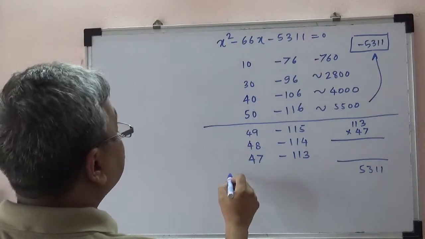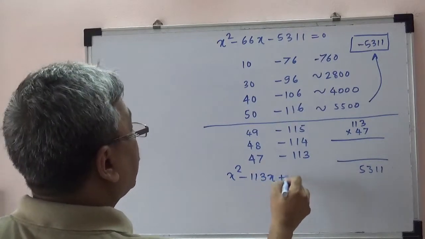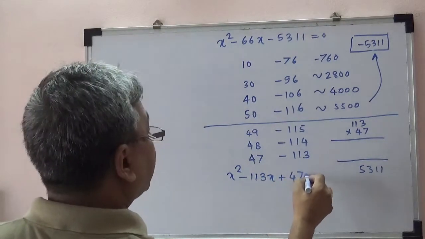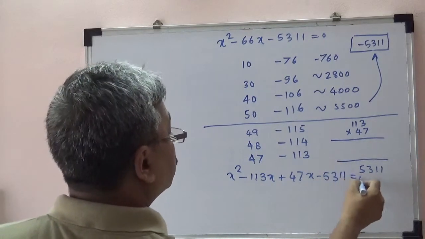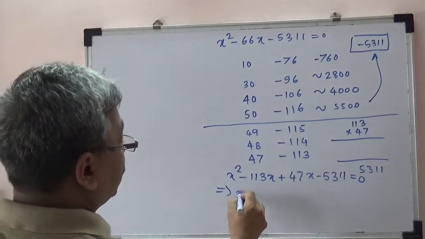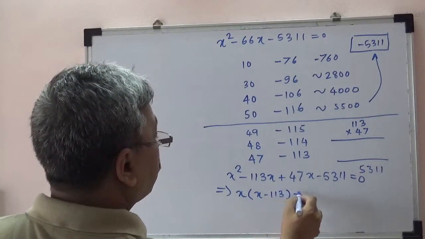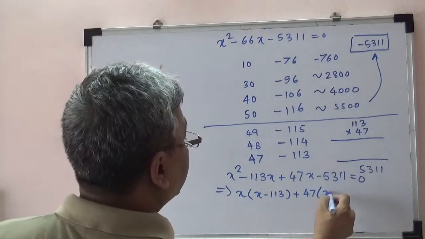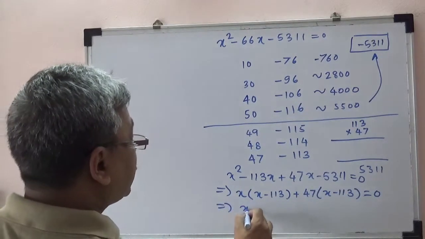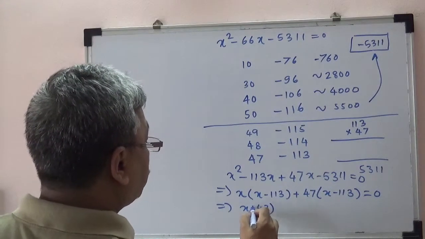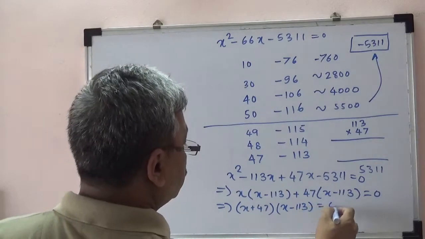Therefore my factorization will be x square minus 113x plus 47x minus 5311 is equal to 0, which means if I take x common, I get x into x minus 113 plus 47 common, x minus 113 is equal to 0, which implies x plus 47 into x minus 113 is equal to 0.